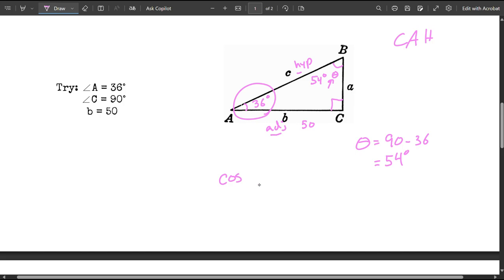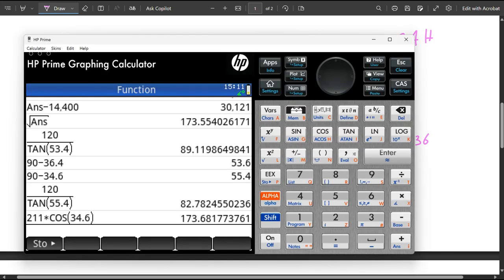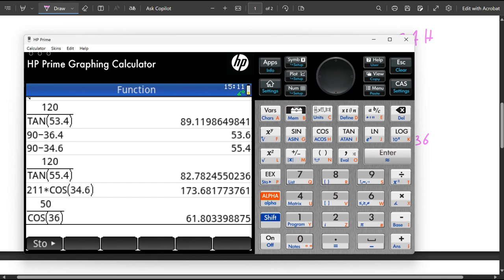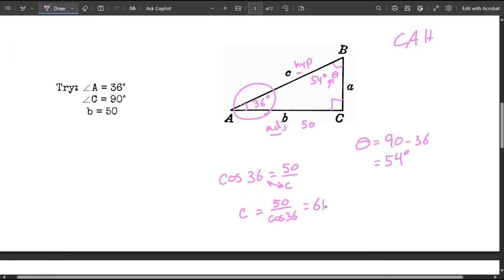So the cosine of 36 is going to equal 50 over our missing side, which is C. All right, now we're going to cross multiply and switch these. So C is going to equal 50 divided by the cosine of 36. And we'll go to the calculator. 61.80 is the side length, so we'll just do 61.8.